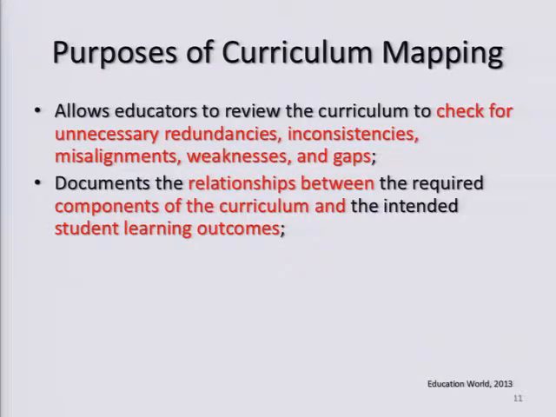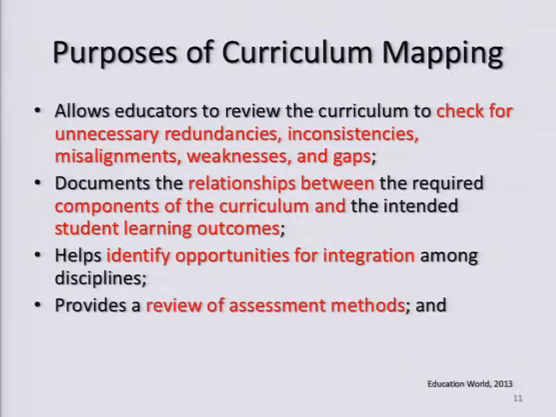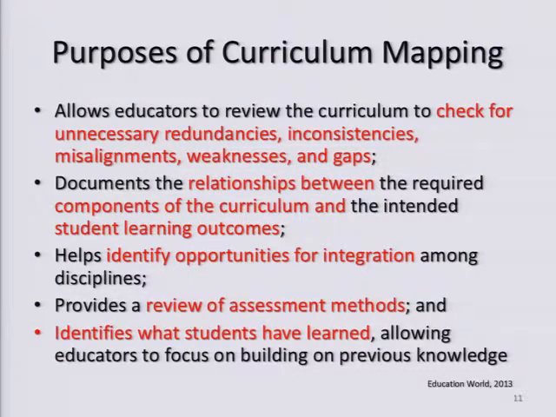Next, we want to look at the relationships between the components of the student curriculum as well as the student learning outcomes. What is the difference between the two? Next is to identify opportunities of integration between disciplines and review the assessment methods to see how we are doing so that we can identify what students have learned.